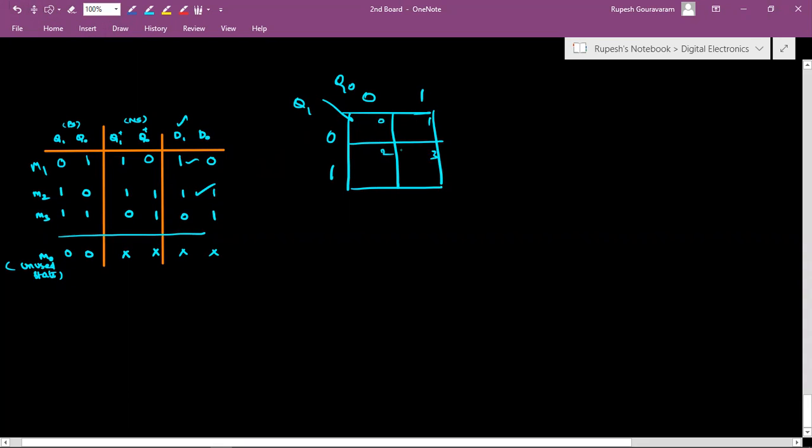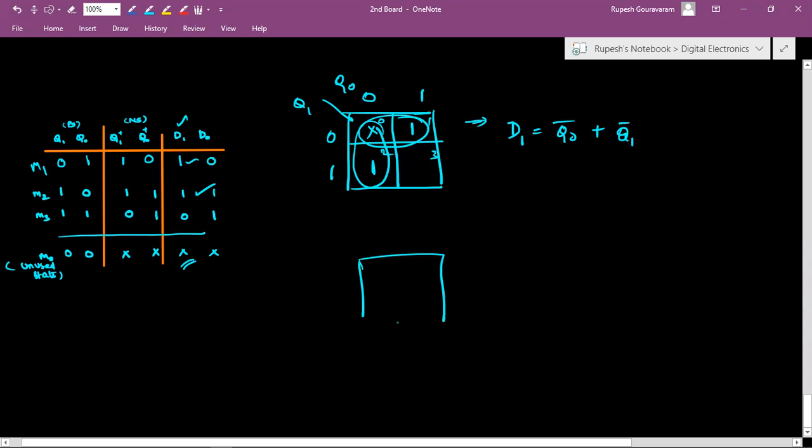So it is 1 and 1 for these two, and the don't care is 0. So from here you can combine this one and this one. So this gives D1 as Q0 bar plus Q1 bar, right? Q0 bar plus Q1 bar.